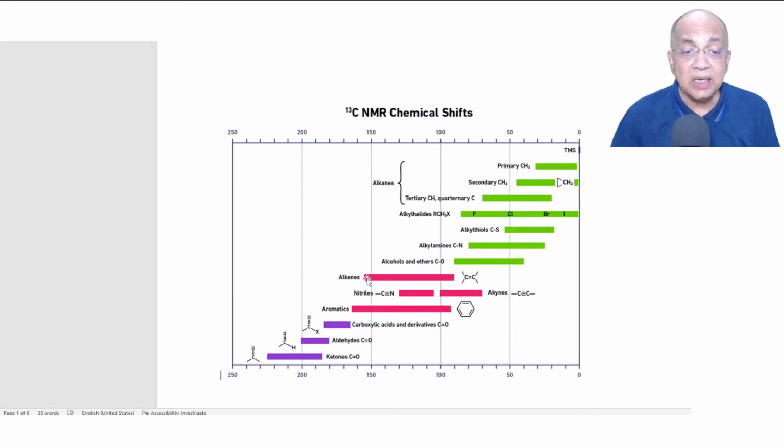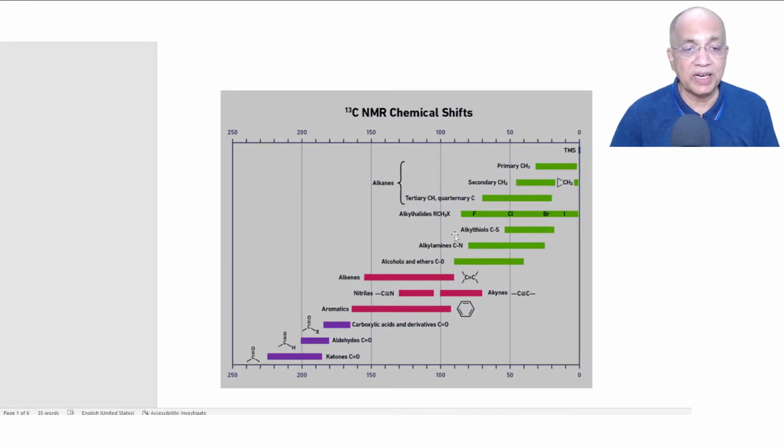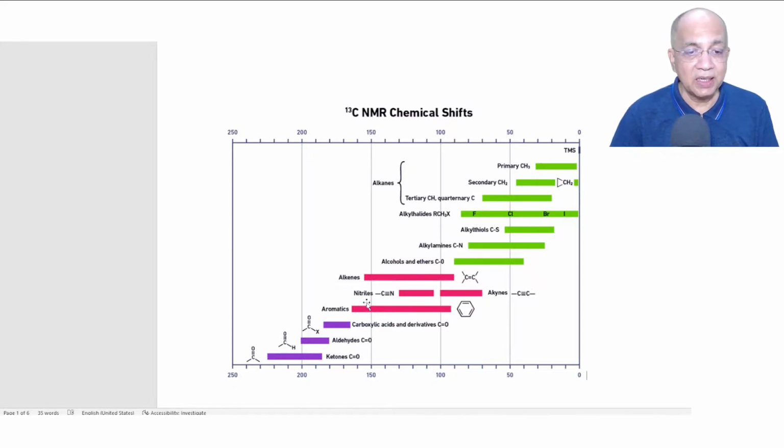The alkene and aromatic regions overlap, about 90 to 160, so these are overlapping areas for alkene carbon and aromatic carbon. The aldehyde and ketone are the most downfield, above 190, 200, I'm sorry. The carboxylic is 170, 180, 190, and derivatives are also in the same region.